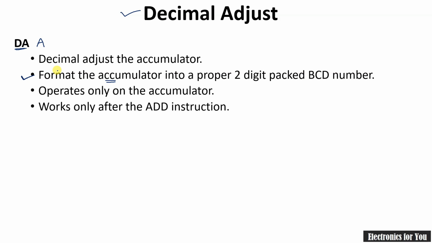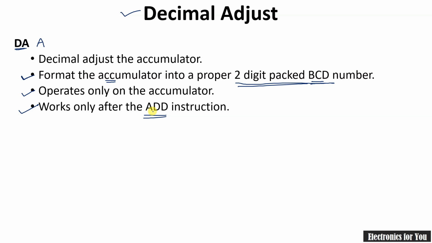So if you want to convert it into BCD format, that is binary coded decimal, we have to use this DAA instruction, which converts this data into an 8-bit, 2-digit packed BCD number. It only works after the ADD instruction. Note that it is only used after the ADD instruction.